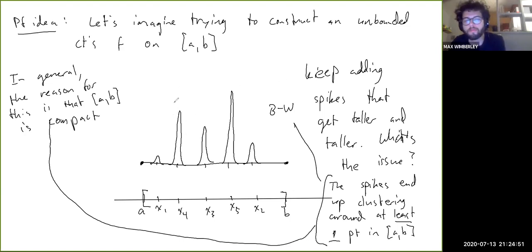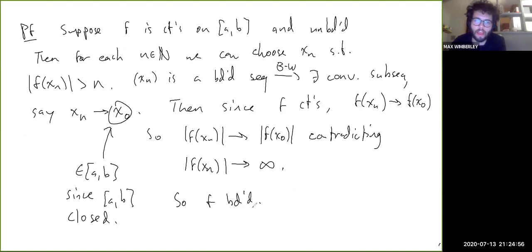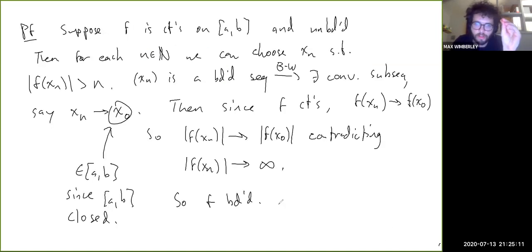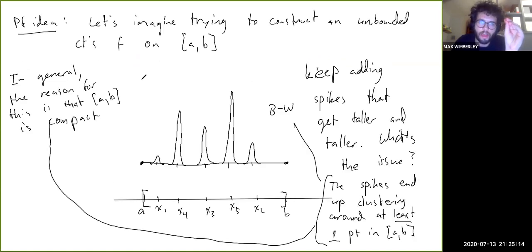That would be the only way for the values of f to have capital M as the supremum without achieving the value capital M: they have to get closer and closer to it at different places in the interval without touching it. Say this was capital M. We need an infinite number of spikes to do that, and so the same thing is going to happen, where there's going to be some clustering point.